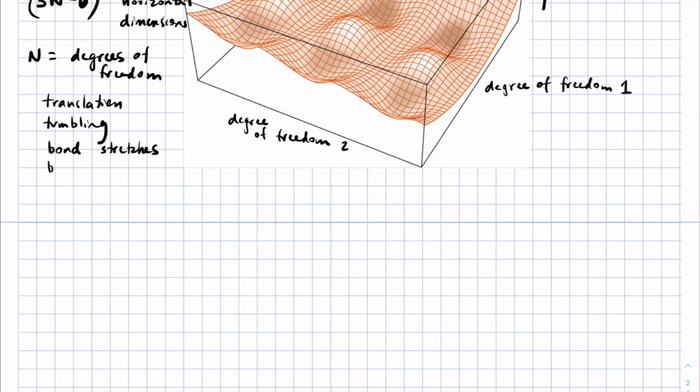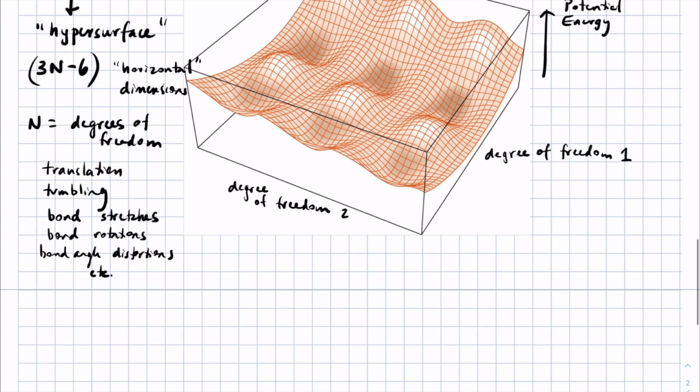There are bond rotations. There are bond angle distortions. And more. Okay.